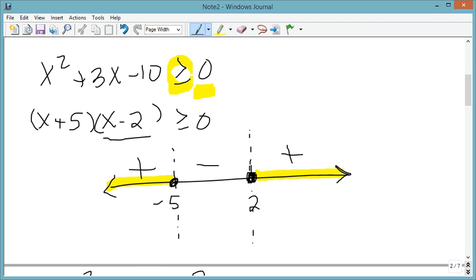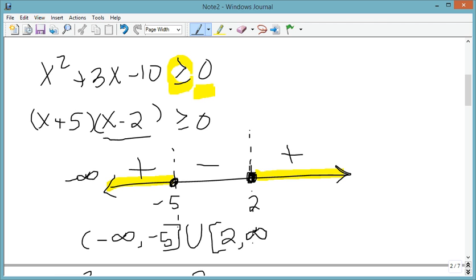When I write my answer, I would start over here at negative infinity, so I go negative infinity up to negative 5, and I included negative 5, you remember. And then I use a U, which means union, and that means we're going to use both of these parts for our answer. I include 2, and it goes up to infinity. Okay, so there's my answer.